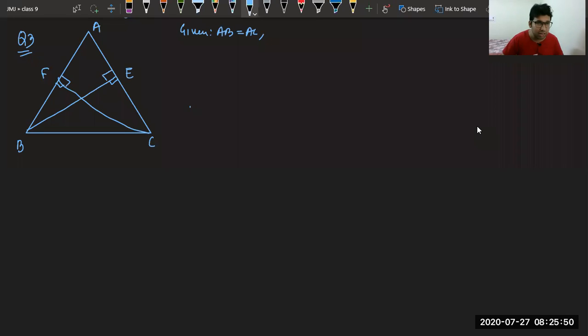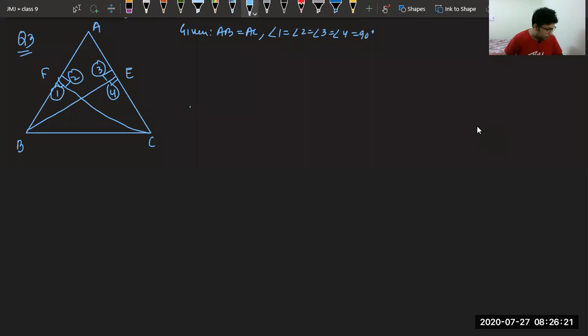So we can say angle 1, angle 2, angle 3 and angle 4 are all how much? 90 degree. So altitude means the line which is standing at an angle of 90 degree. Perpendicular means the same thing. Altitude means the same thing. Okay, don't confuse. Altitude and perpendicular are the same thing.